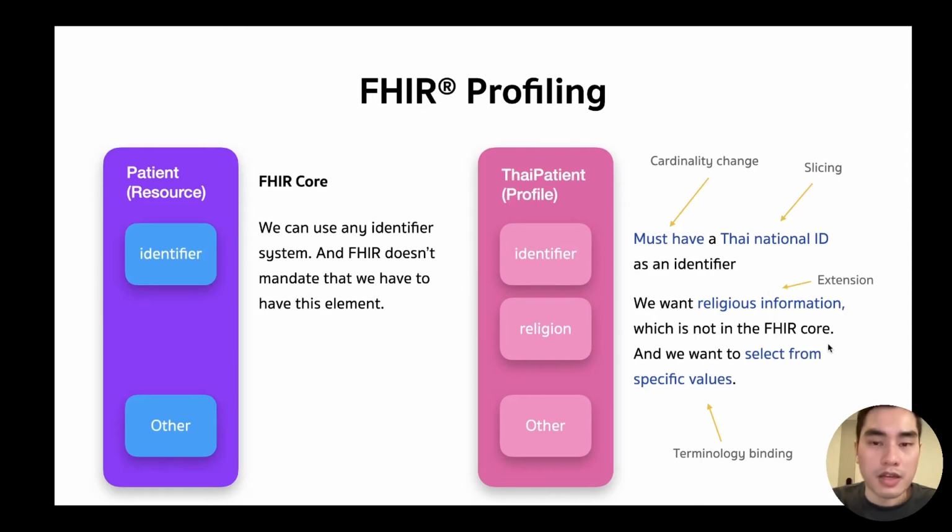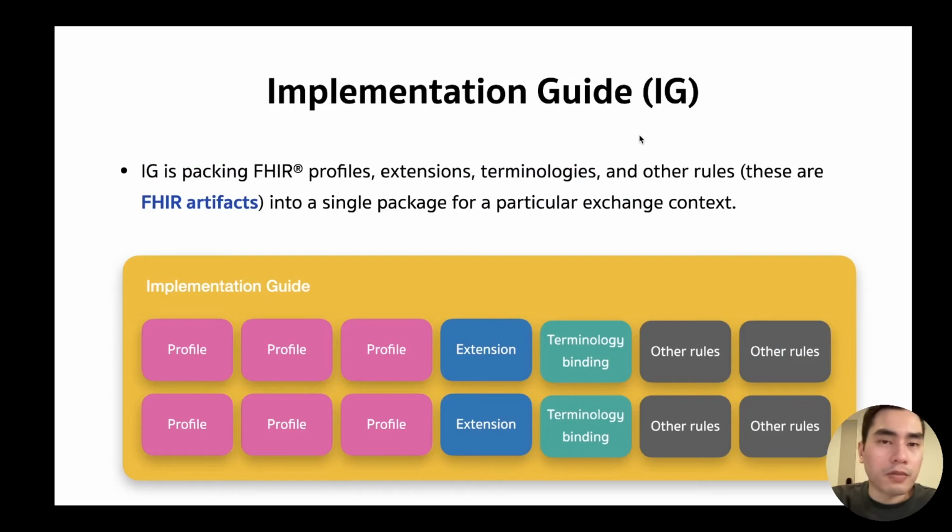And for a particular exchange context, normally we will have to create a lot of profiles, a lot of extensions, a lot of terminology, and maybe other rules. When we pack all of these FHIR artifacts into a single package for a particular context, that is an implementation guide.